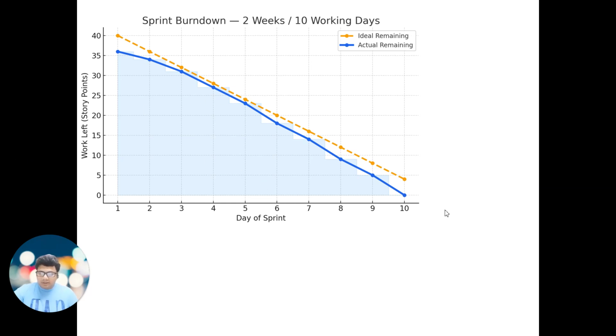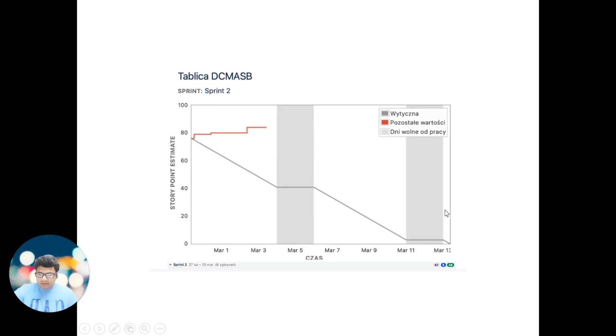Now let me show another image. What do you think by looking at this burndown chart? I will say that the team started working on day one, but at the end of day one, the team had not completed any user stories because the line is straight.